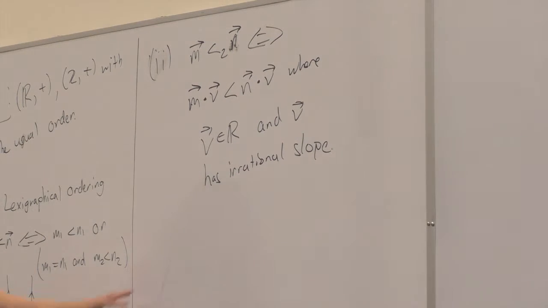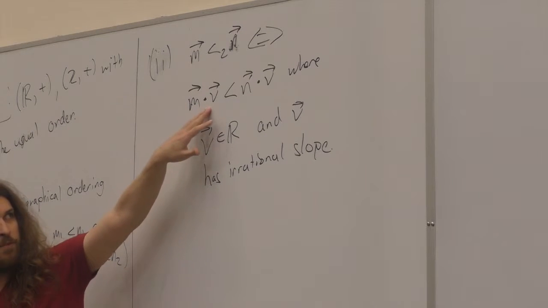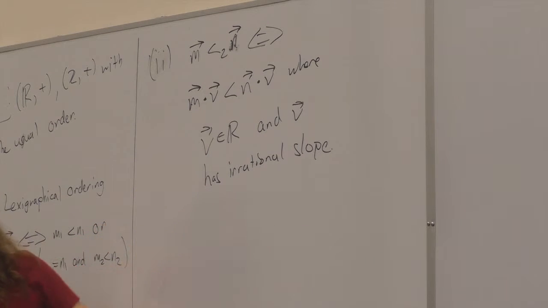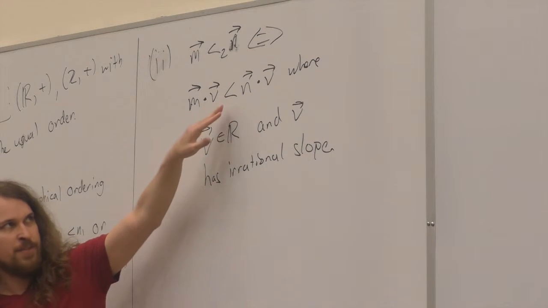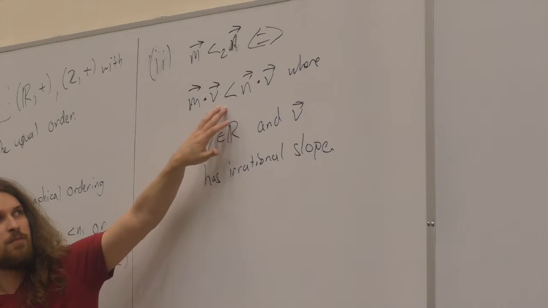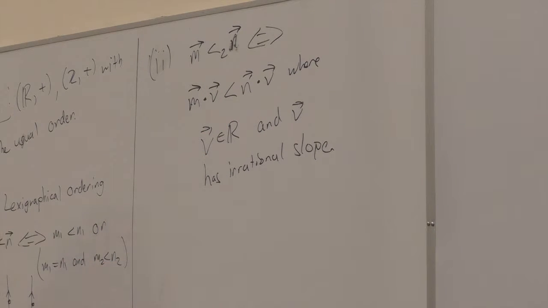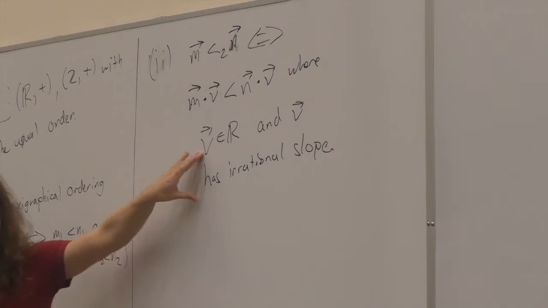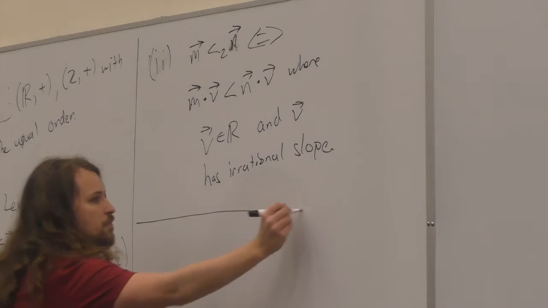If you take your favorite vector with irrational slope, this will also define a left order on Z squared. It's probably not too hard to convince yourself that you can't tie here since v has irrational slope. Comparing it with this, what we're really doing here is first dotting with (1,0), and if they tie, dot with (0,1). So anytime you pick a rational vector, you kind of need two statements, such as this.